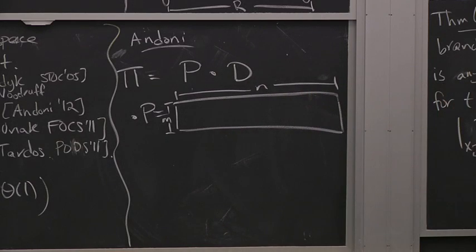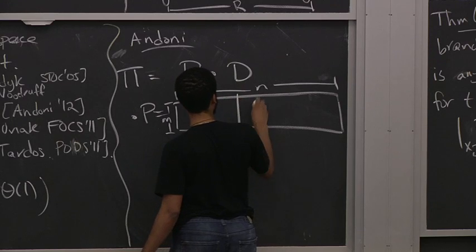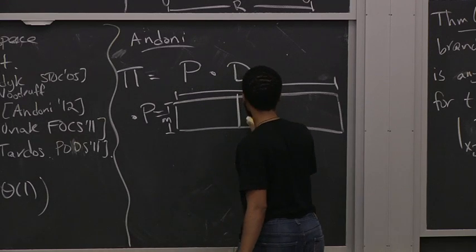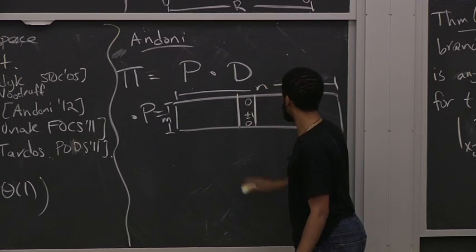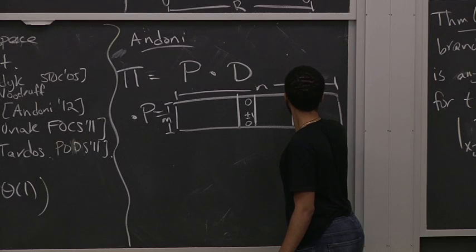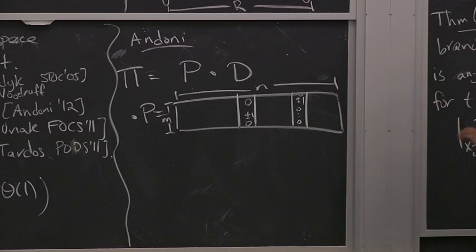There's a problem about a faster AMS sketch on p-set 1, and P is basically the same matrix. Each column of P has a random sign in a random location, and the rest of that column is 0. That's the matrix P.